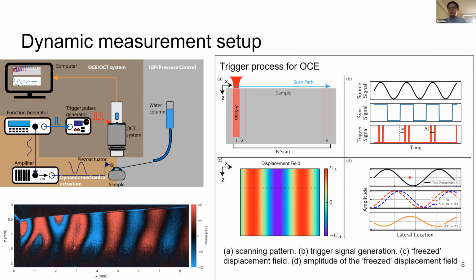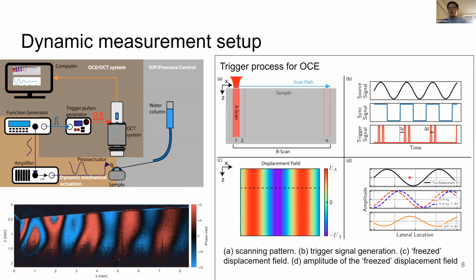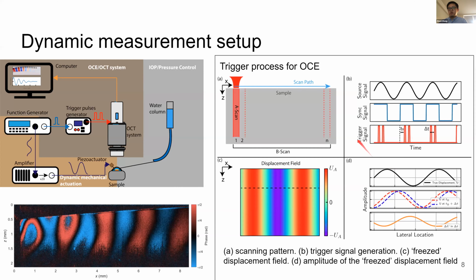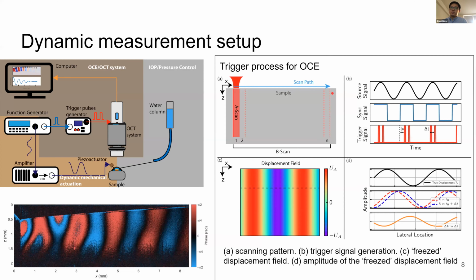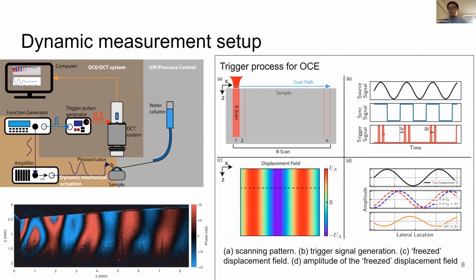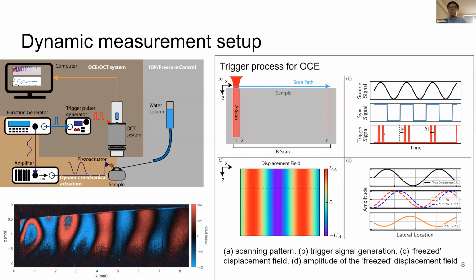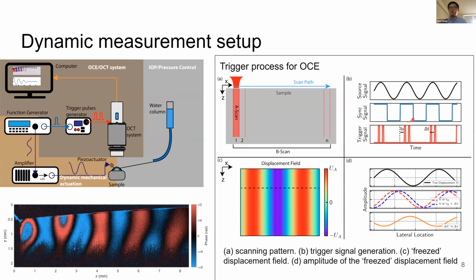A 2D OCE measurement consists of multiple vertical scans, which we call the A scans, along a customized scan path. For each vertical scan, the OCT system will be triggered twice. This is the trigger signal. It will be triggered twice based on each received sync signal from the signal generator.